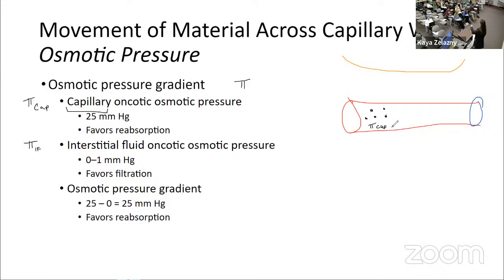And so what directional arrow would we draw here? We're going to be moving towards the capillary or away from the capillary based on those solutes. We're going to go in towards them, right? They're exerting a pull. Perfect. Okay. So we're pulling fluid towards those proteins. So that's why we say, and here they put it as reabsorption. We can talk about why sometimes we say absorption and reabsorption later.